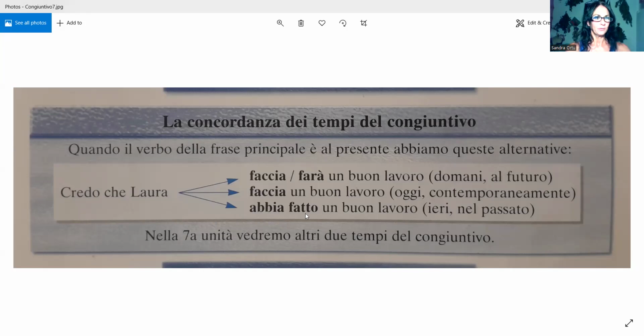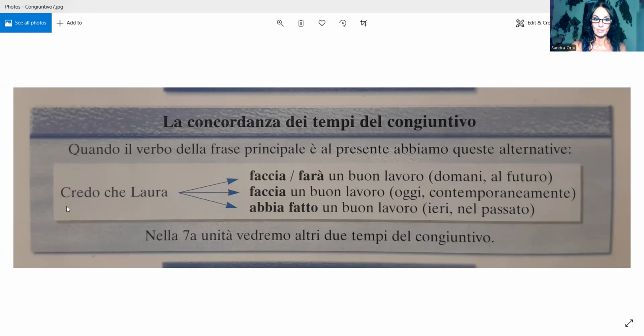Oh, we've got a visitor in the shape of a zanzara, which is a mosquito, which is normal. So, "abbia fatto," congiuntivo passato, because we're talking about the job that Laura did yesterday. So these are the three options that we have.